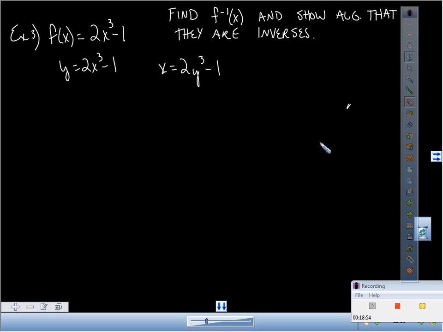Any more x's in it? If it doesn't have any of the x squares and x's and stuff like that, he's going to do it.